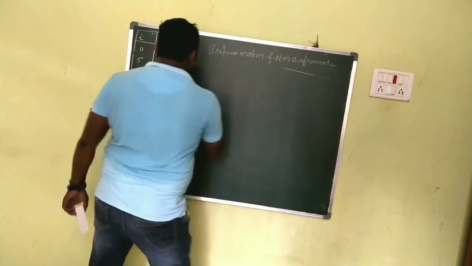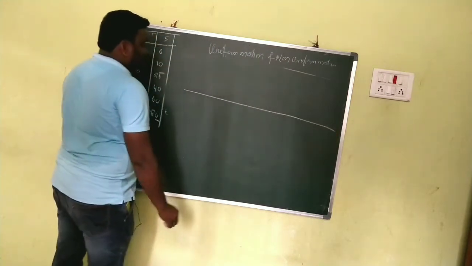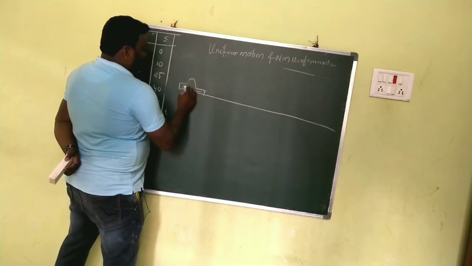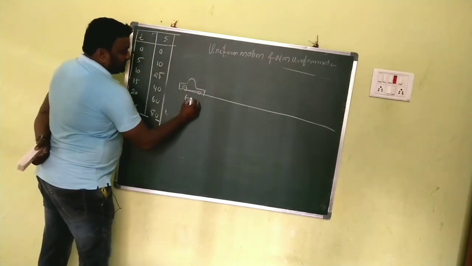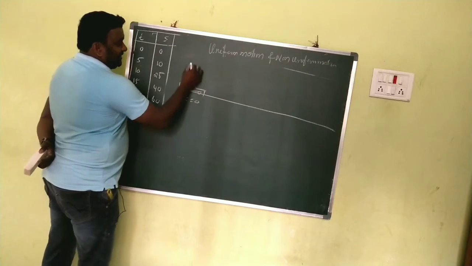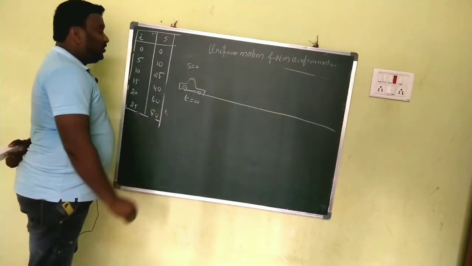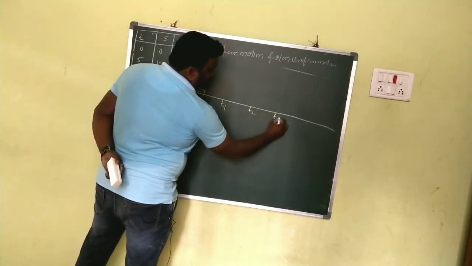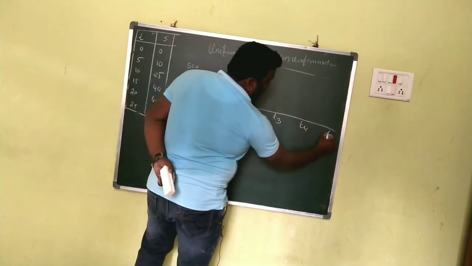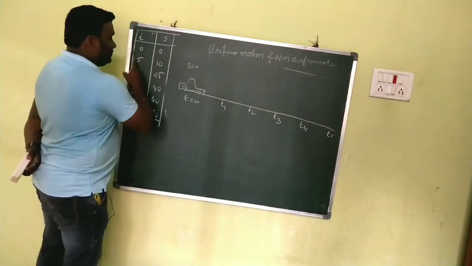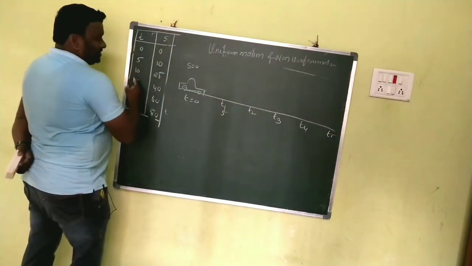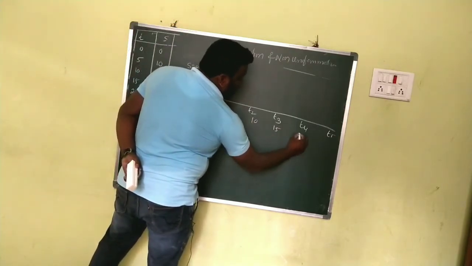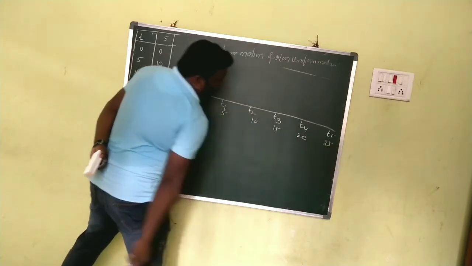That means this is another example. We have some quantities there. When t is equal to 0, s is also 0. After 5 seconds, t1, t2, t3, t4, t5. t1 is 5 seconds, t2 is 10 seconds, and 15, 20, 25.